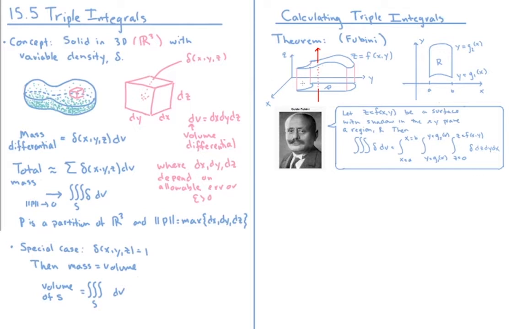Then once you're done with that, you completely forget about the 3D picture and just focus on the 2D picture. Now we're going to do dy next. So I draw a line that's parallel to the y-axis here, and you can see where it enters and exits the region.